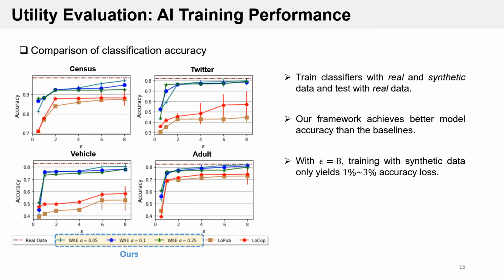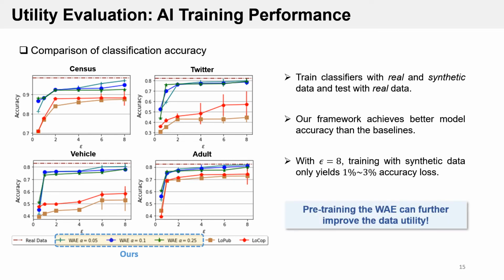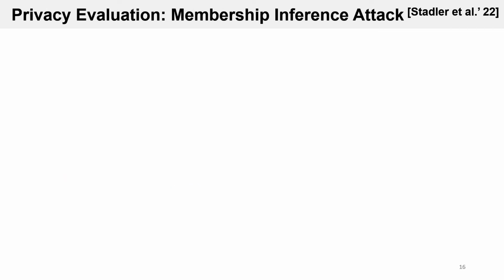The results show that the synthetic data can effectively capture the hidden patterns of real data and can be used for AI training tasks. In section 5.2, we also show that pre-training the WAE model can further improve the classification accuracy. Besides utility evaluation, we further perform the membership inference attack to verify the privacy of our framework.